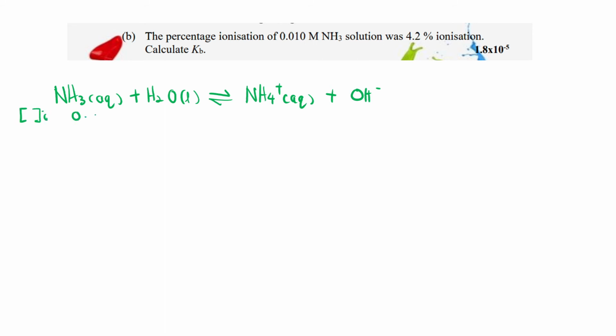The initial concentration for ammonia is 0.01, water dash, ammonium 0, OH minus 0.